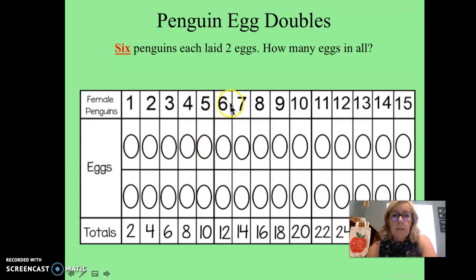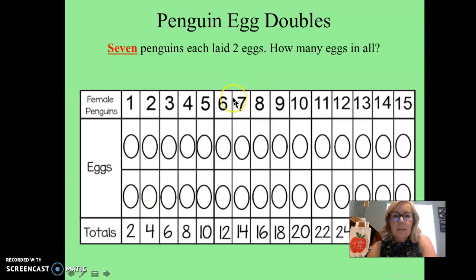6 penguins each laid 2 eggs. How many eggs in all? 6 plus 6 equals 12. 7 penguins, they each laid 2 eggs. 7 plus 7 equals 14. 9 penguins, each laid 2 eggs.